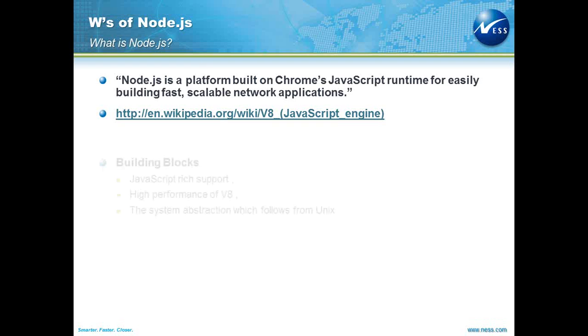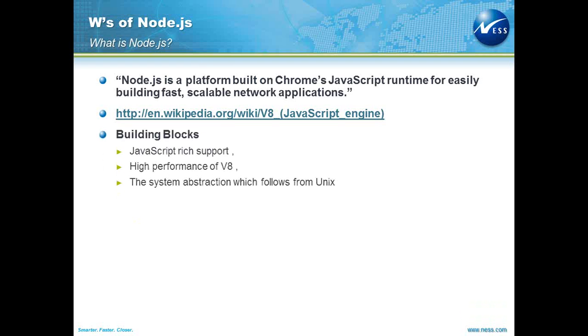It is easy to build as well as scalable. The building blocks of Node.js are a confluence of three ideas: the rich JavaScript support, the rich JavaScript user base that we already have; the high performance of the V8 engine, so Google Chrome basically runs off this engine; and the third is the system abstraction which follows from Unix.